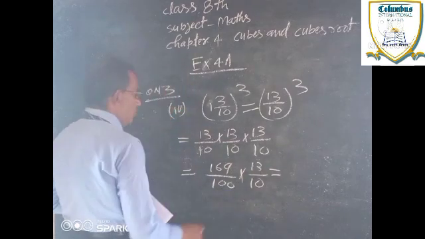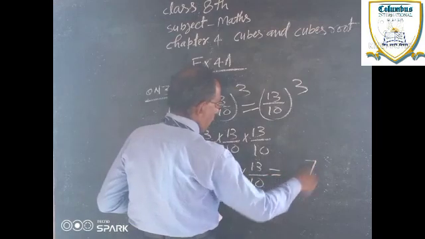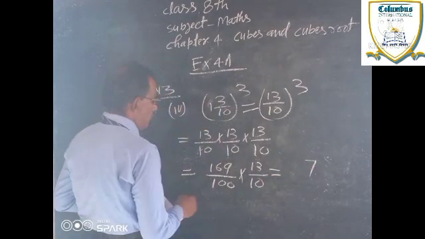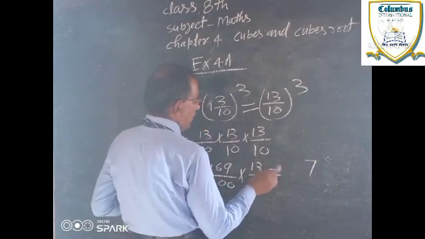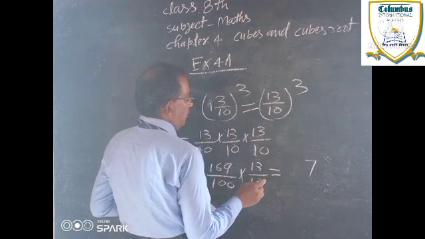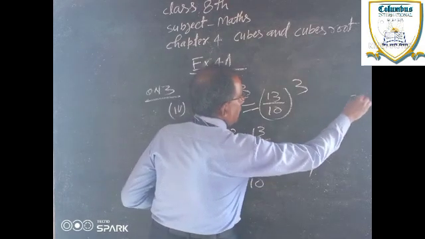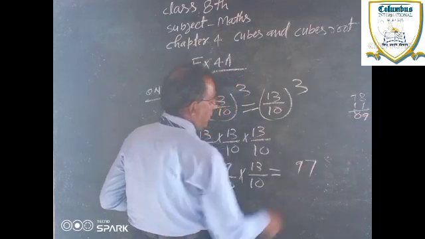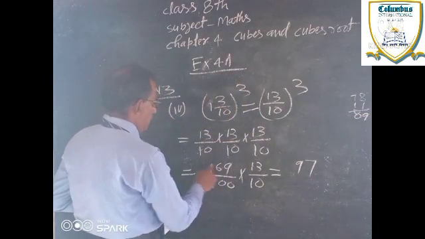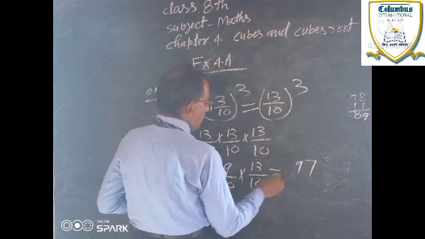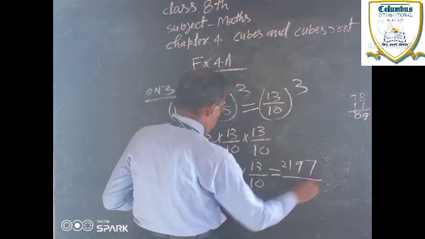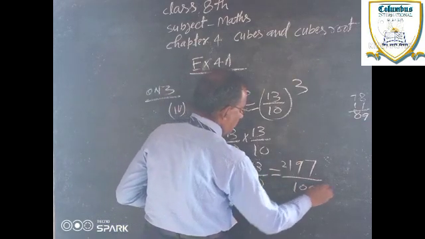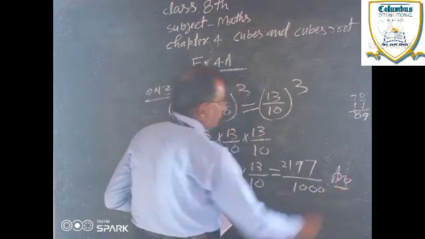That is 13 9s are 117, carry 11, 13 6s are 78 and 11 is 89, and so on, 2197 upon 1000 is the answer of this question.